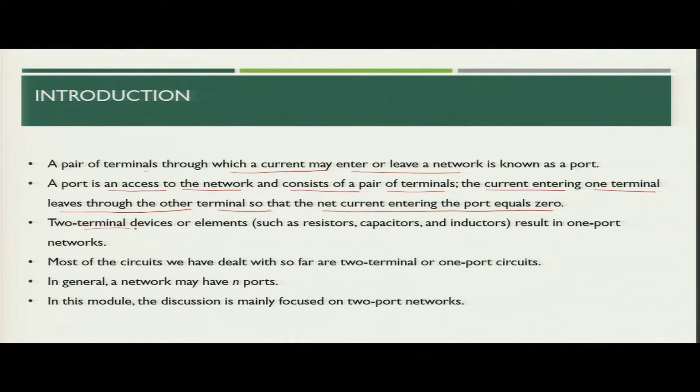Now, two terminal devices or elements which we discussed till now, such as resistors, capacitors, inductors, are called as a one port network. So, that means that what we have discussed till now were circuits like this, where we have the resistances and we try to find out the current flowing through the network.